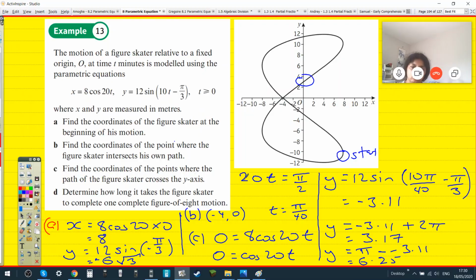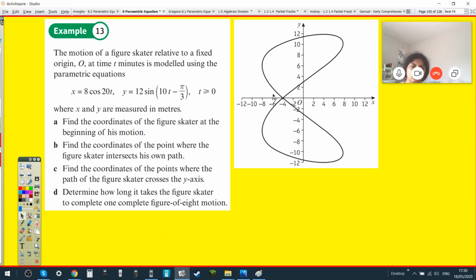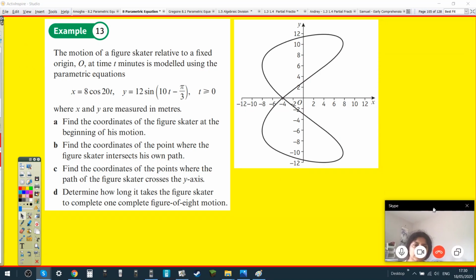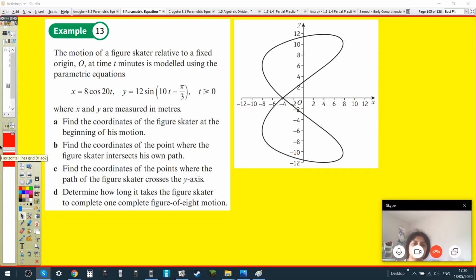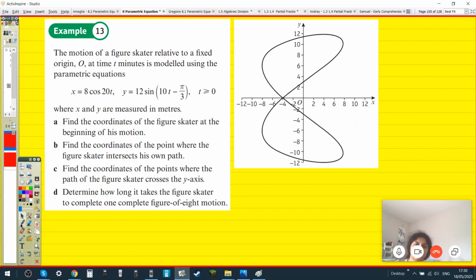At what other time does it cross? I don't know. How do you get the second answer for cosine? Add 180. That's tan. No, 360. Add 360 minus the first answer.